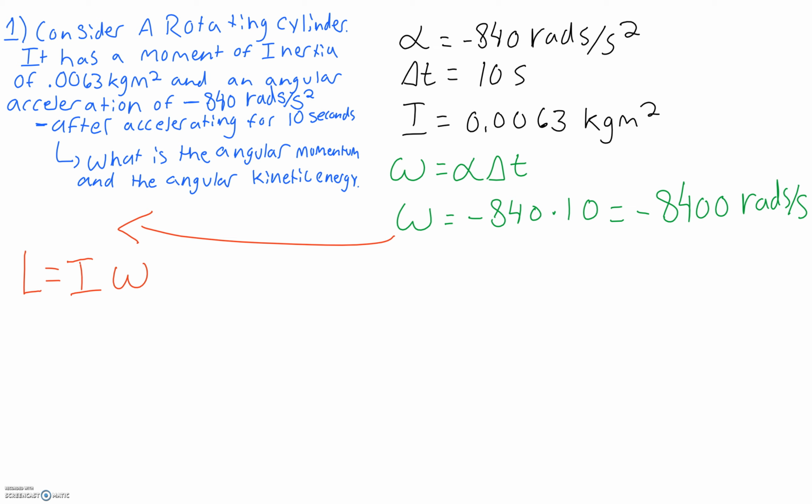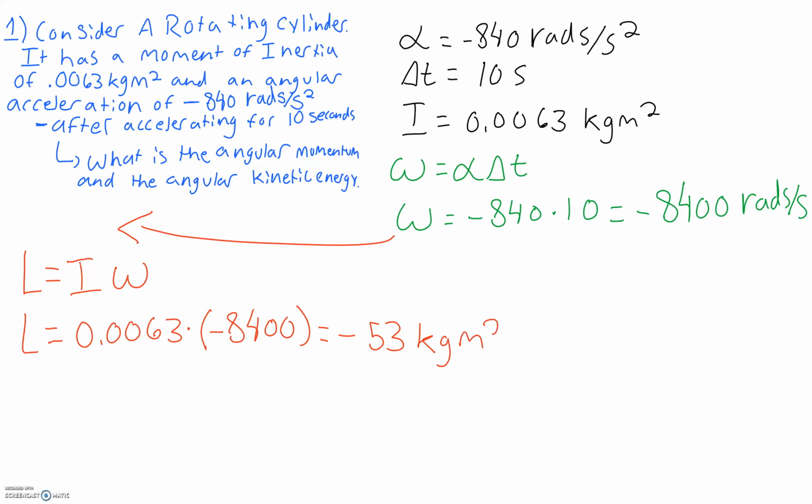If we plug in our known variables, we have L is equal to 0.0063 times negative 8,400 radians per second. And that will end up being a rather measly number of negative 53 kilogram meters squared over seconds.